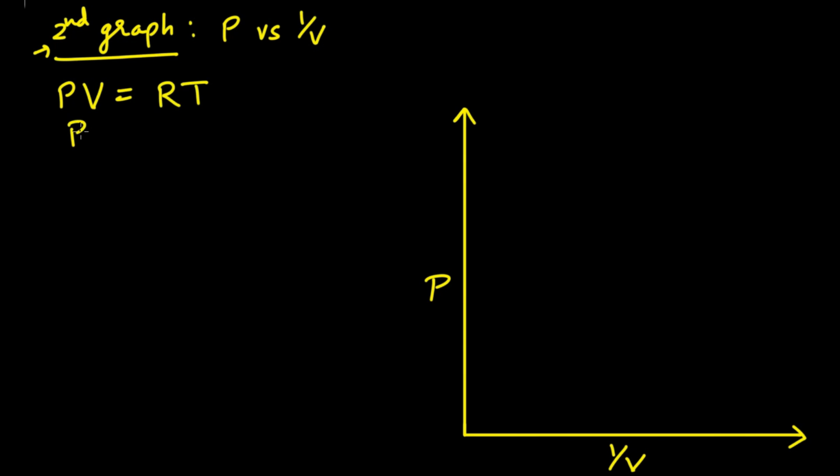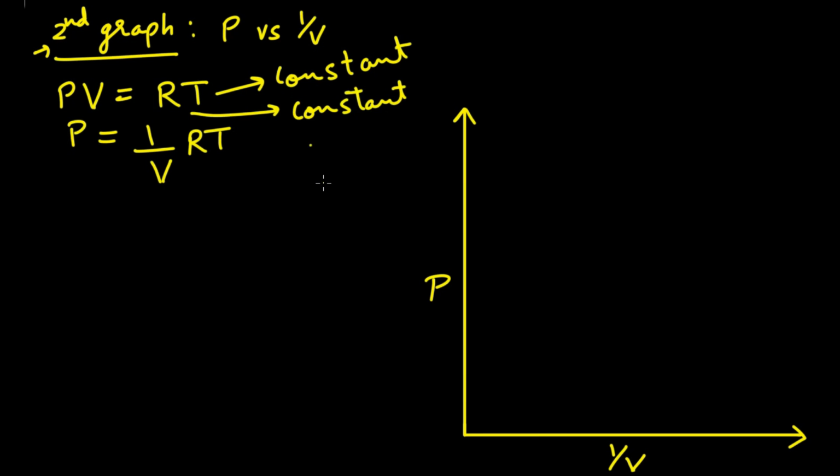Now interchanging the position, P equals 1 by V into RT. Now in Boyle's law, temperature is constant. R is the universal gas constant, again a constant.